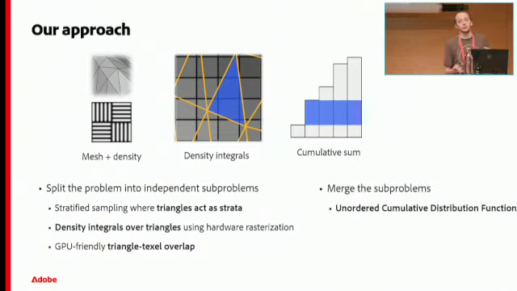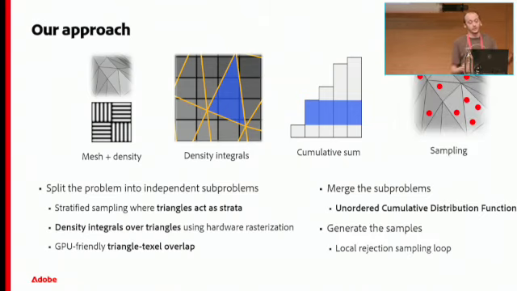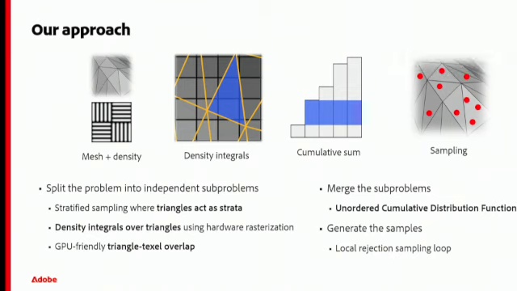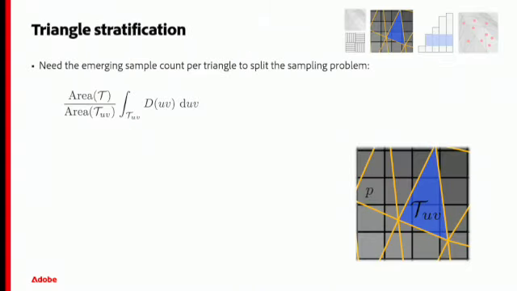Then, at some point, we of course need to regroup all those per-triangle informations into one single data structure. That's where we introduce an unordered cumulative distribution function to do that efficiently. And finally, we generate the samples, and because it's stratified sampling, the whole sampling process is very local and much more efficient. So let's jump into the stratification.